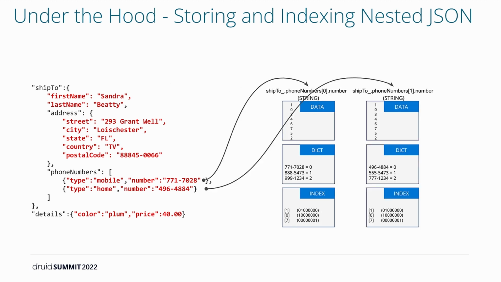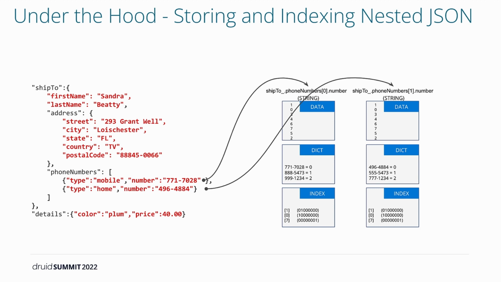It will treat arrays in a particular way. Each entry in an array will generate a group of columns, as it's doing here. We have two entries in the phone numbers array, so we'll see one column for phone numbers 0 number and one column for phone numbers 0 type.